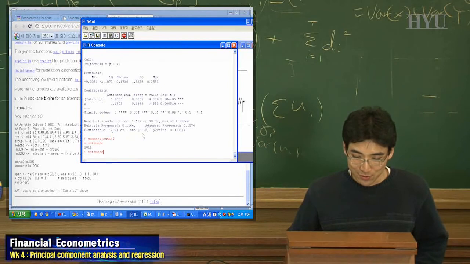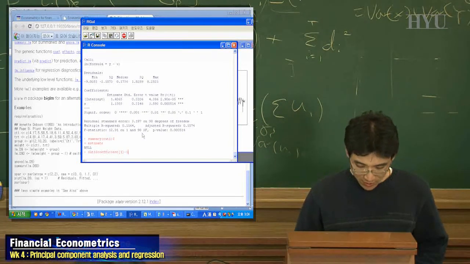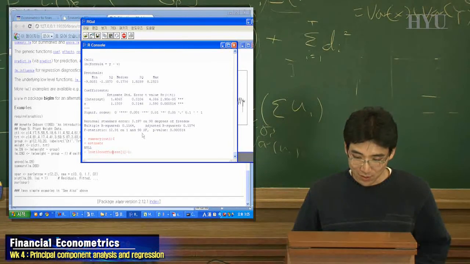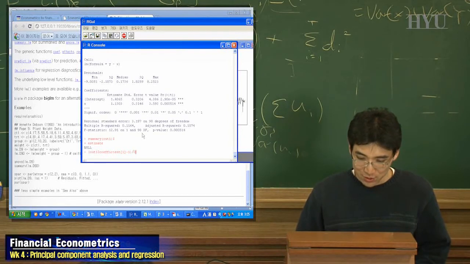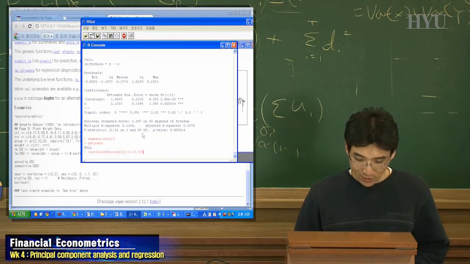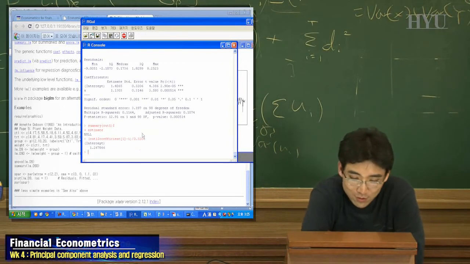So minus 1, and let's divide this by the standard error, which is 0.3206, and this intercept value is like 1.26.